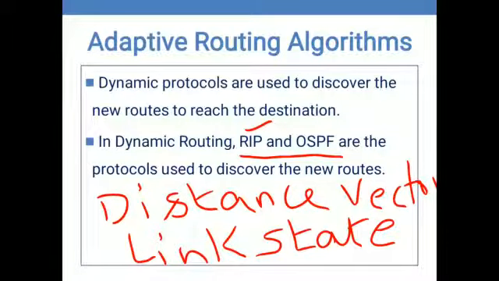If the route is shorter, then the source packet will reach the destination early, meaning the time is reduced. If the time reduces, automatically the efficiency and throughput are increased. To increase the efficiency or the throughput, we use this type of protocol. So these are the two different protocols used in the adaptive routing algorithms.